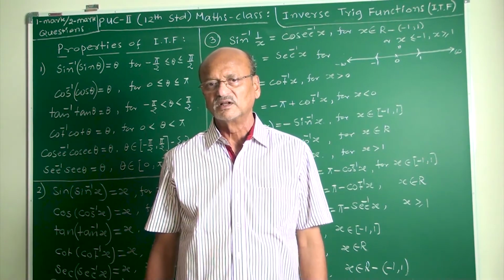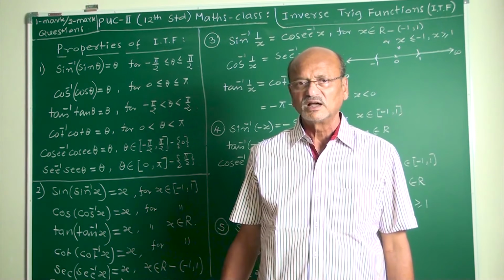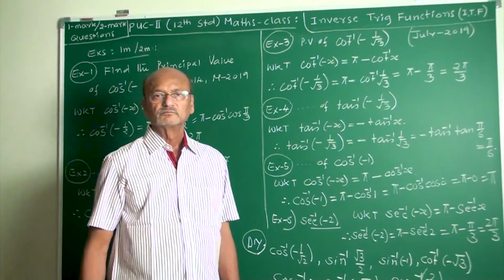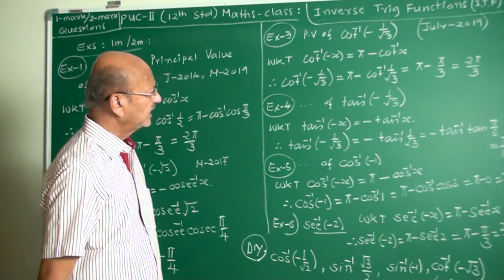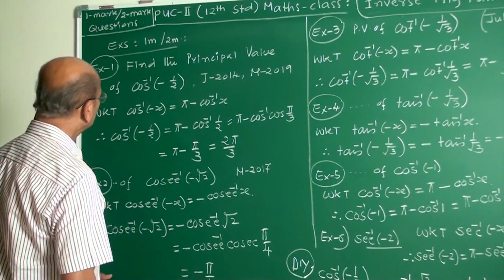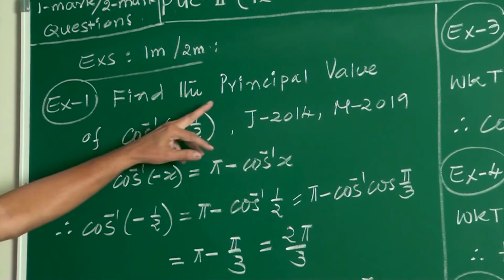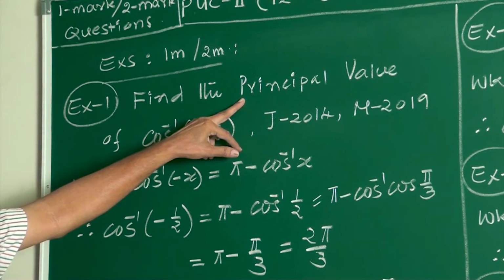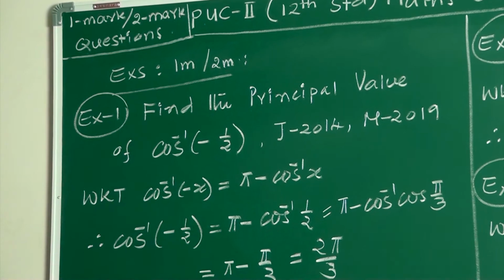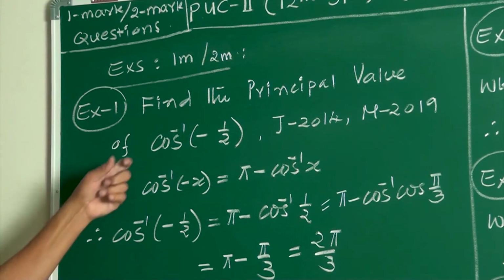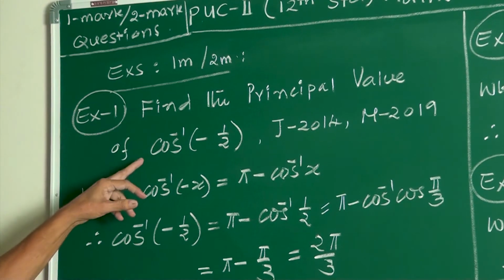You must remember that. Now I am going to do some examples. I have written a few more examples here. These are examples in finding the principal value of the following inverse trigonometric functions. This is the first.